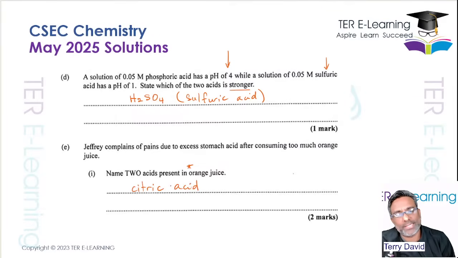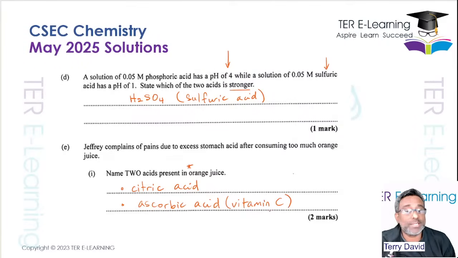That's 1 acid that is possible. We also have vitamin C, which is ascorbic acid. So that's it, citric acid or ascorbic acid. So that's what we could put.